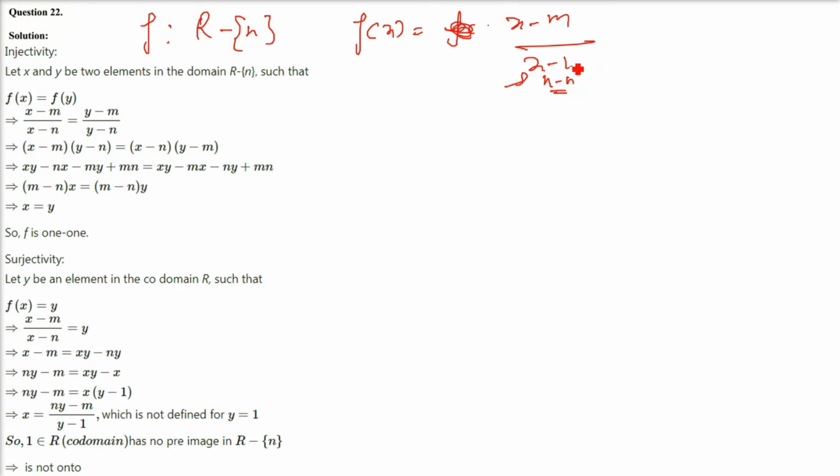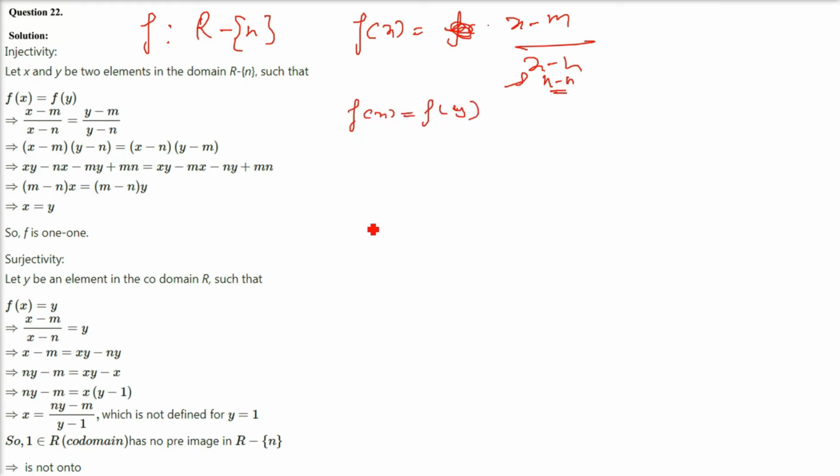Same thing, real numbers, and then you have to find out injectivity and surjectivity. We have already seen this type of question, so I'll show you here only. If you remember (x minus a) by (x minus b), that kind of stuff we have already seen. So f(x) will be equal to f(y).